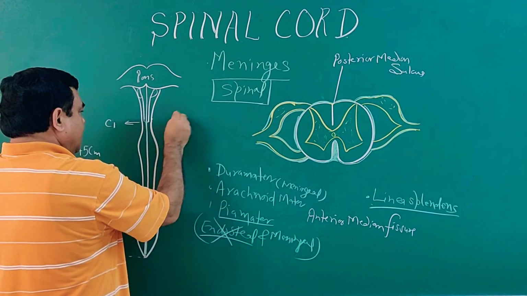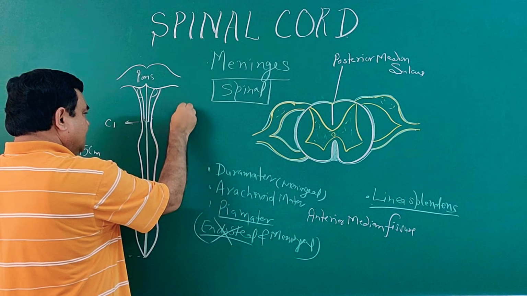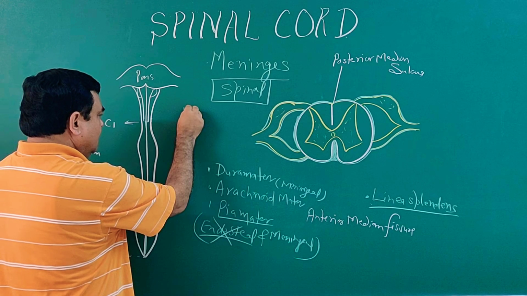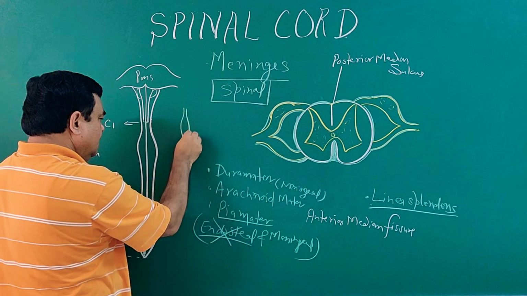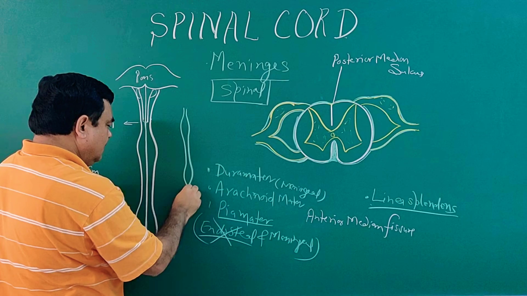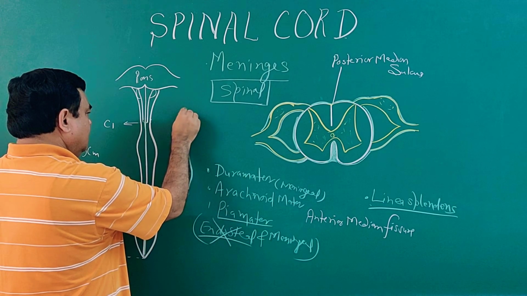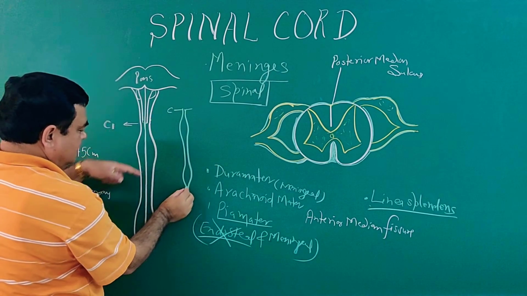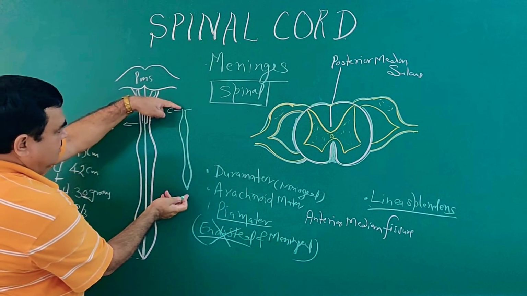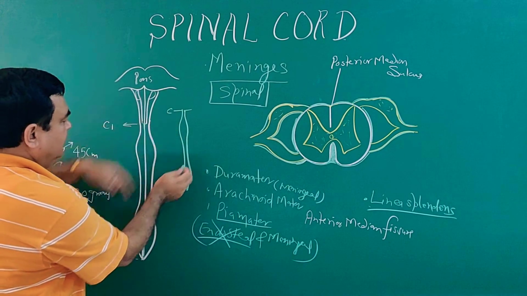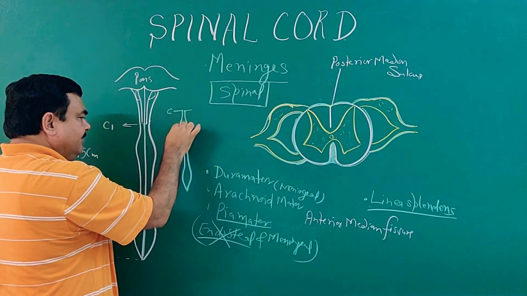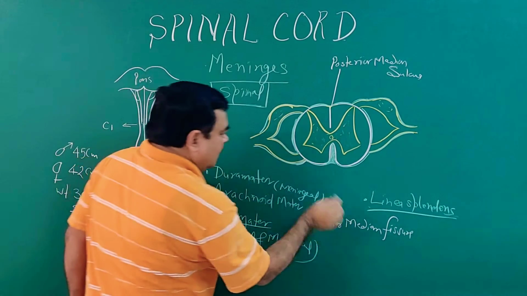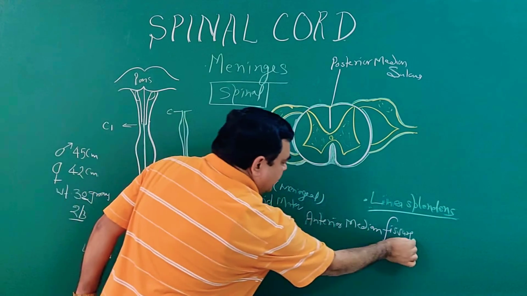If you make another diagram of the spinal cord, this is the C1 level and this is the L1 level. This is the spinal cord. There are two enlargements we will discuss later. This is the median plane, the anterior median fissure.